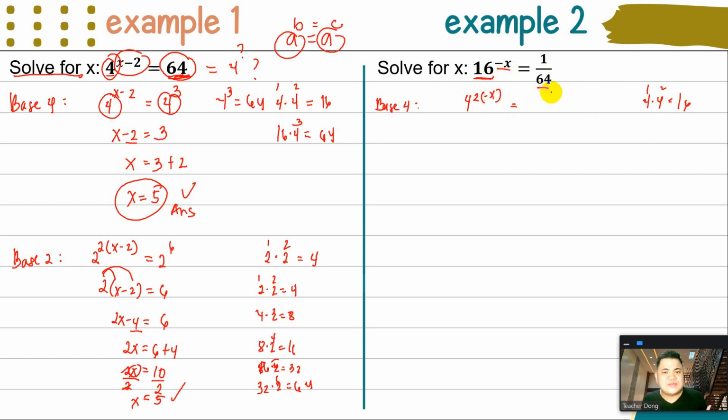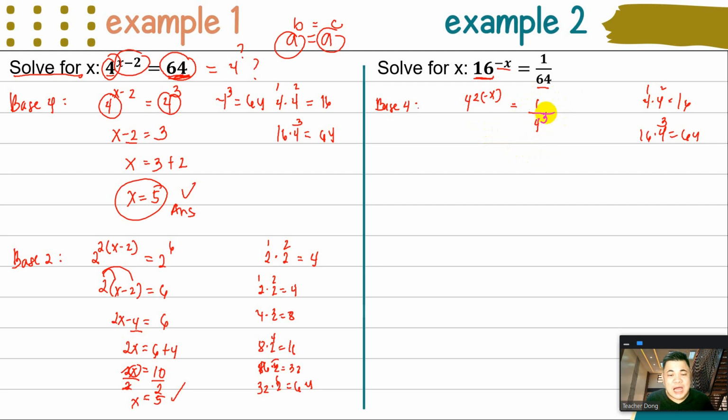Don't worry that this is a fraction. We can apply the law of exponent here to remove the fraction. So 64: how many 4s are we going to multiply to get 64? Just continue this one. 16 times 4 equals 64. How many? 1, 2, and 3. So it's now 4 raised to the power of 3. So how can we make this?